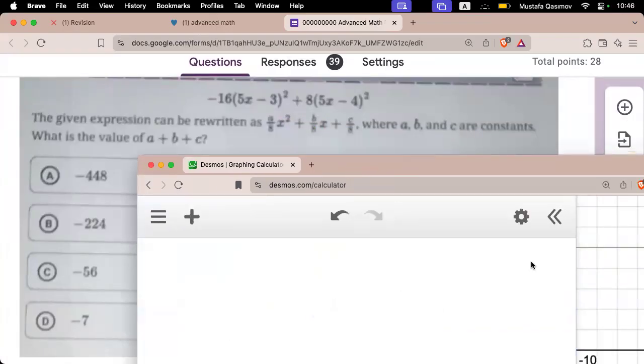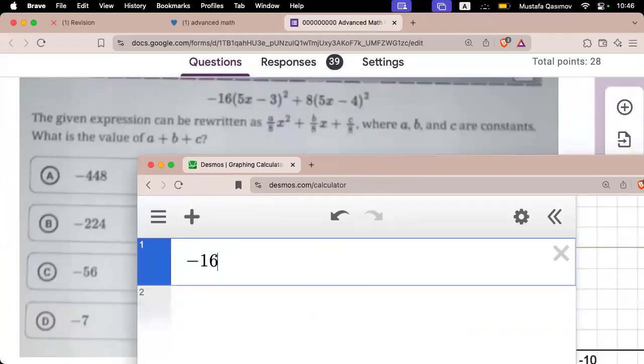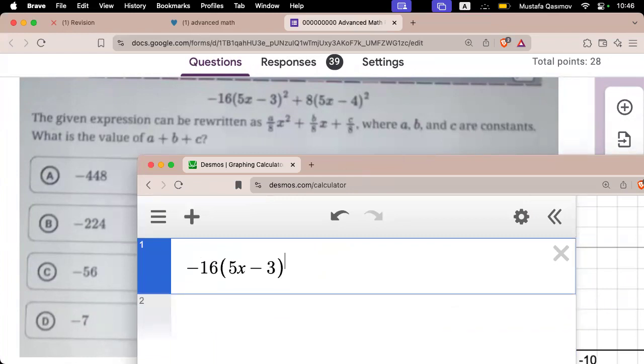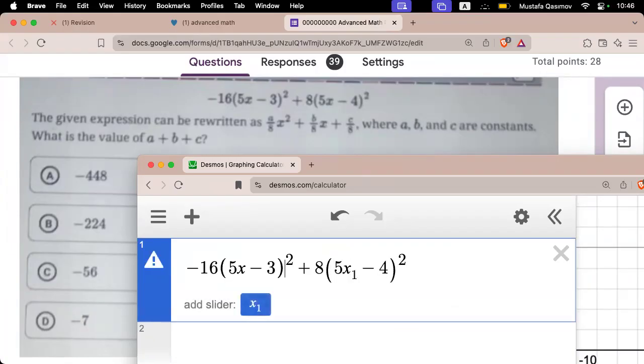Yes. Yes, it's correct. But it is not also the shortest method. You can write all of them to Desmos like that. Then write here 1 and 1. When you write 1, it will be automatically like this.